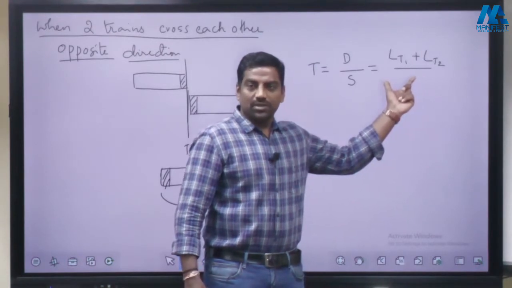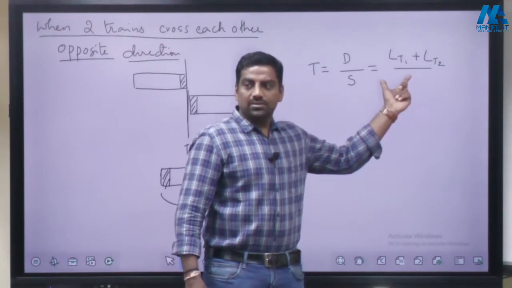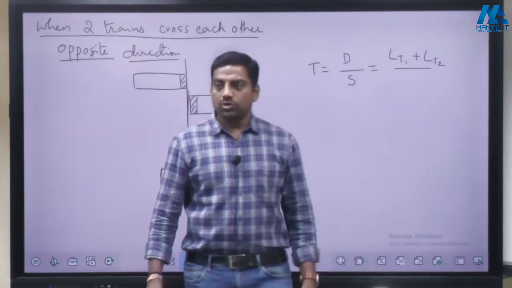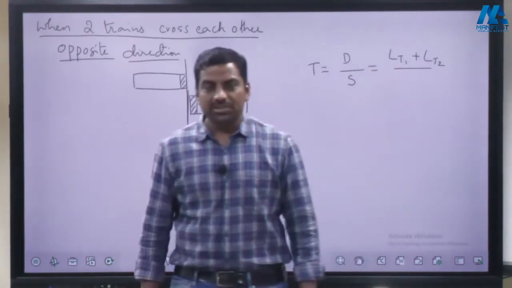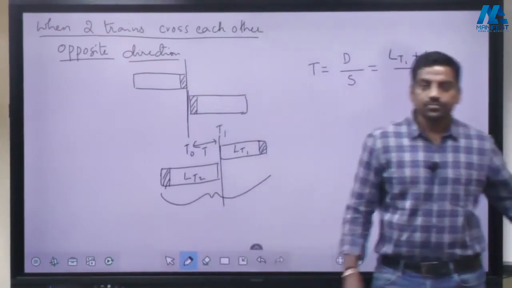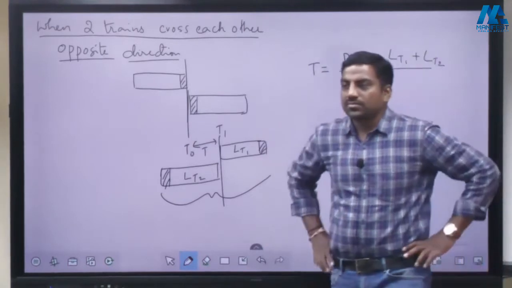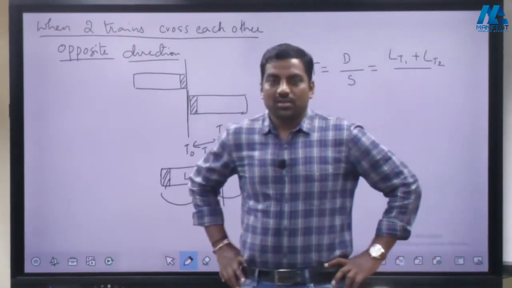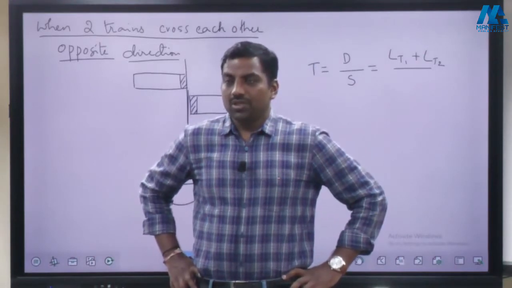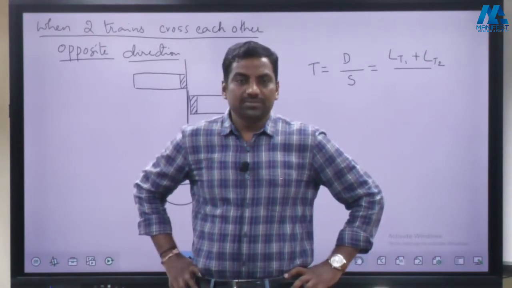There are two speeds: speed of train 1 and speed of train 2. When they are moving in the opposite direction, should I add the speeds or take the difference of the speeds?